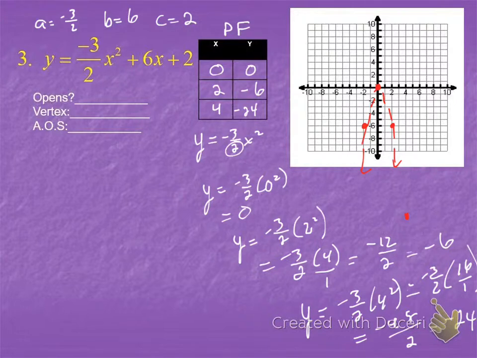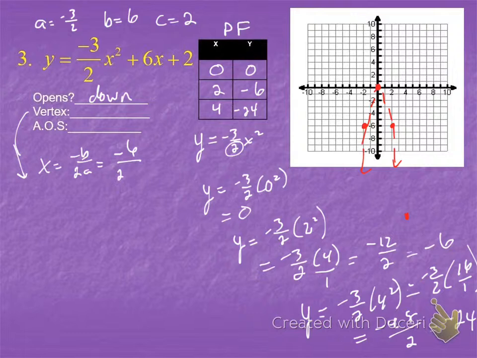Okay, great. That's our parent function. Now let's go take a look at our actual function. Since a is negative, this is going to open down. We saw that from the parent function. And now the vertex. We do x equals opposite b over 2a. Opposite b will give us negative 6 over 2 times negative 3 halves.